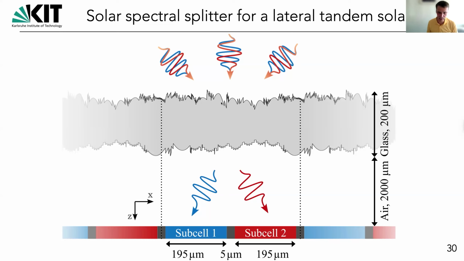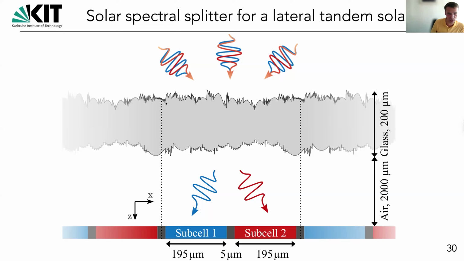Yeah. And while these are structures that have been looked at before, usually people have been looking only into a single one of these meta surfaces, which leads to a rather large angle sensitivity. And in our work, we have been combining two of these meta surfaces and optimizing them in a heuristic way, such that we get rid of this angle dependency and get devices that are angle independent.